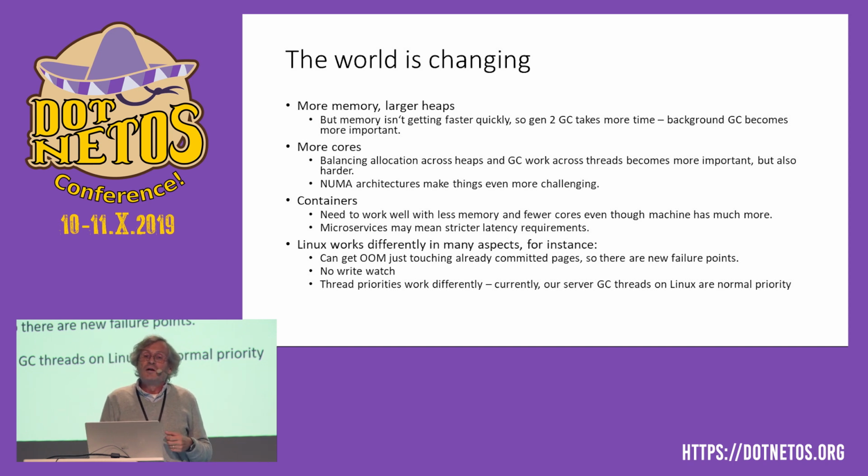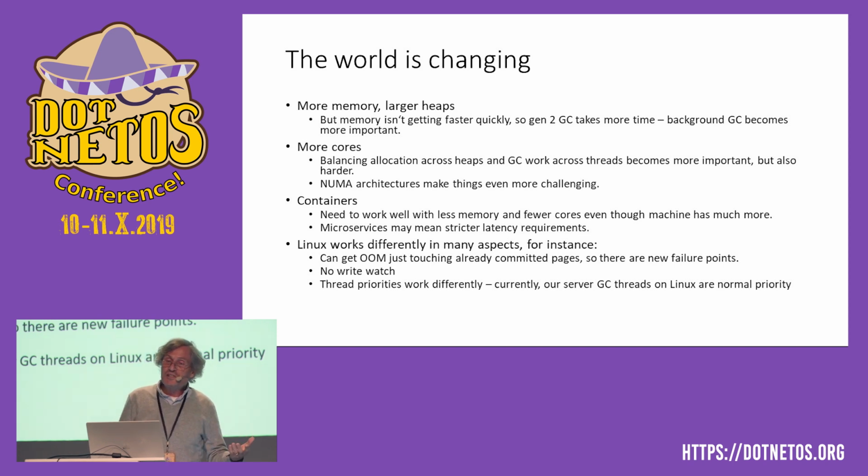And so, by implication, this means background GC is becoming more and more important, because for large heaps, say 30 gigabytes that I've seen, or 60 gigabytes, it will take several seconds to collect. And so doing it in the background is of vital importance. Another trend we've seen is more and more cores.